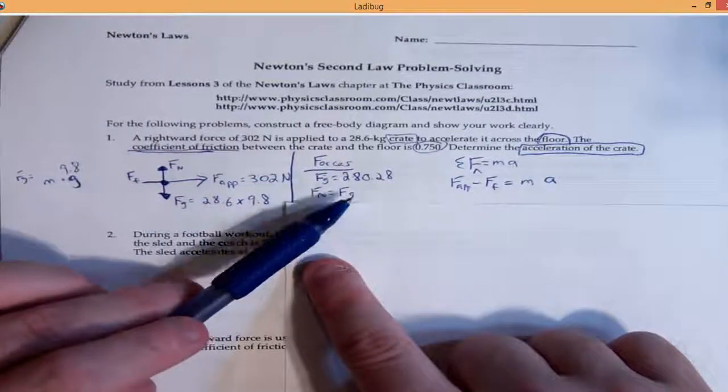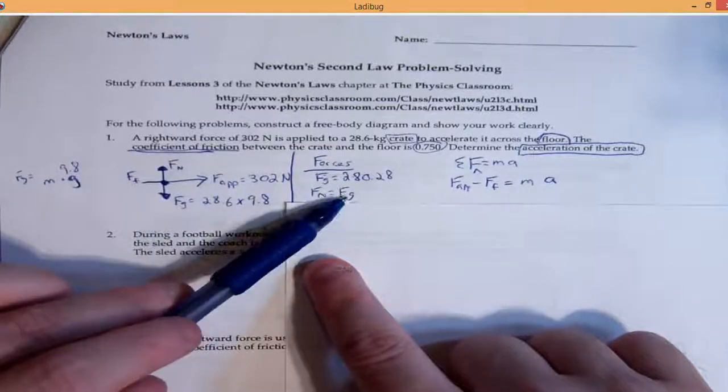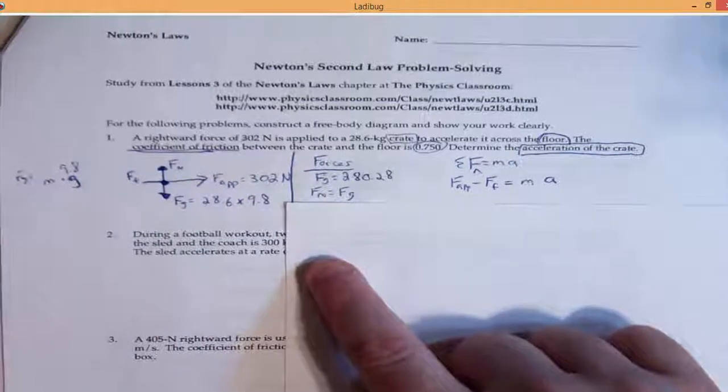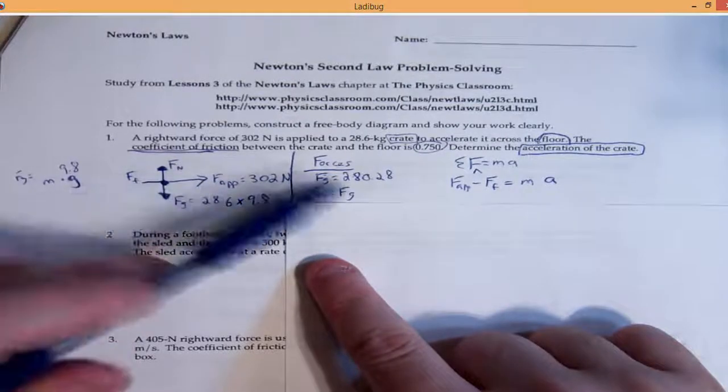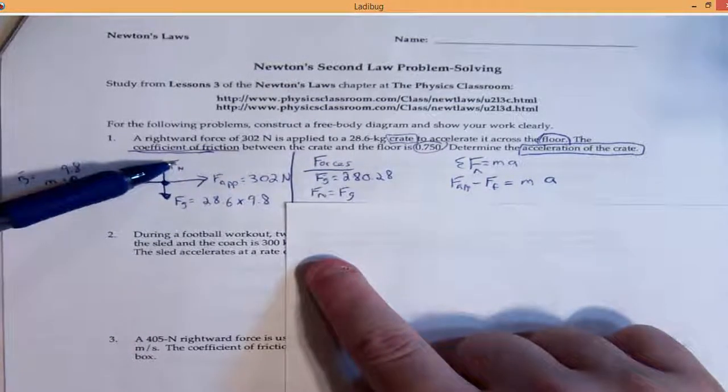We know in an object that's moving on the x-axis, the normal force will equal the force of gravity, so we know that this number will be up here too.